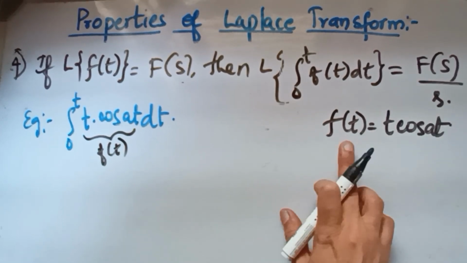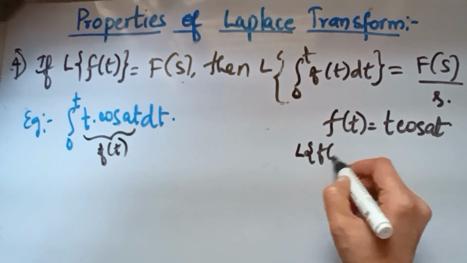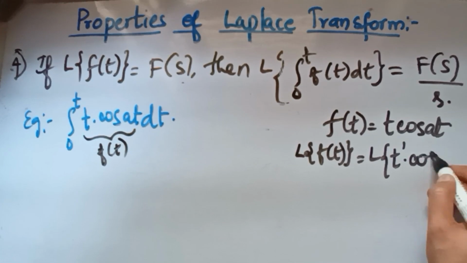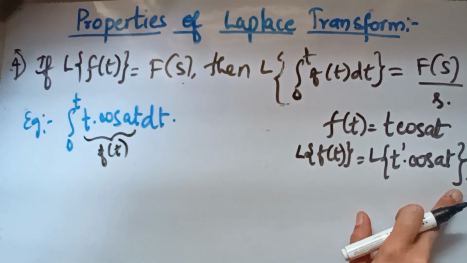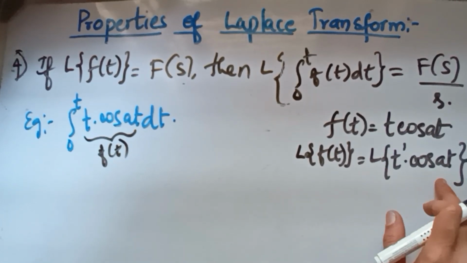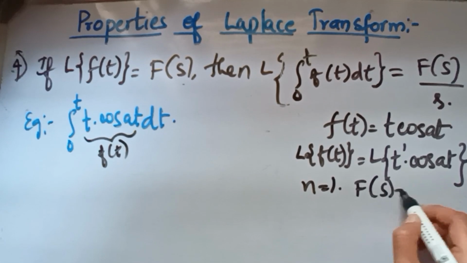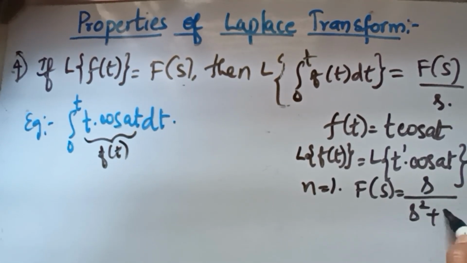First, let us find out the Laplace transform of this. Laplace transform of f of t equals the Laplace transform of t power 1 into cos at. You can apply here the derivative property I told, the second property. So n equals 1 and F of s is equal to the Laplace transform of cos at, s divided by s square plus a square.